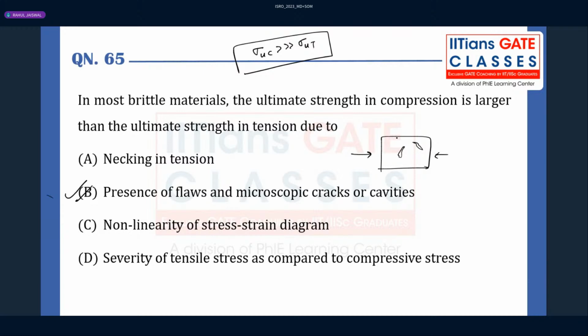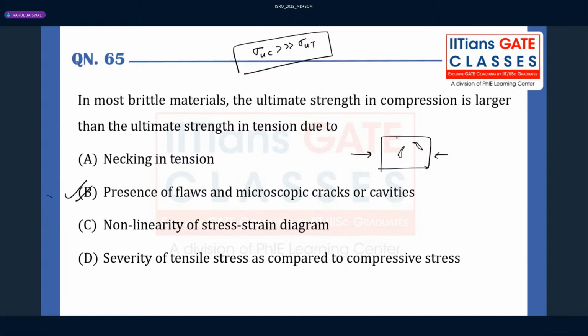They will get shorter and shorter, so that much highlighting of cracks will not appear. That's why compressive strengths are very, very high in most brittle materials compared to the ultimate tensile strength.